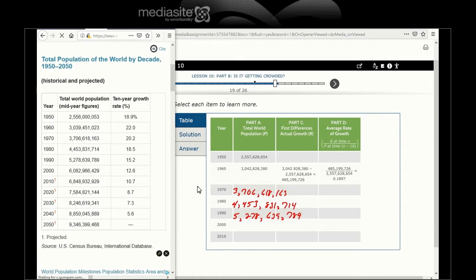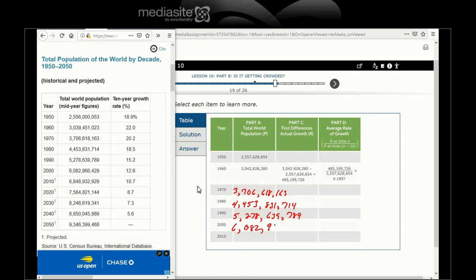They really have that kind of detail. 2000, 6,082,966,429.